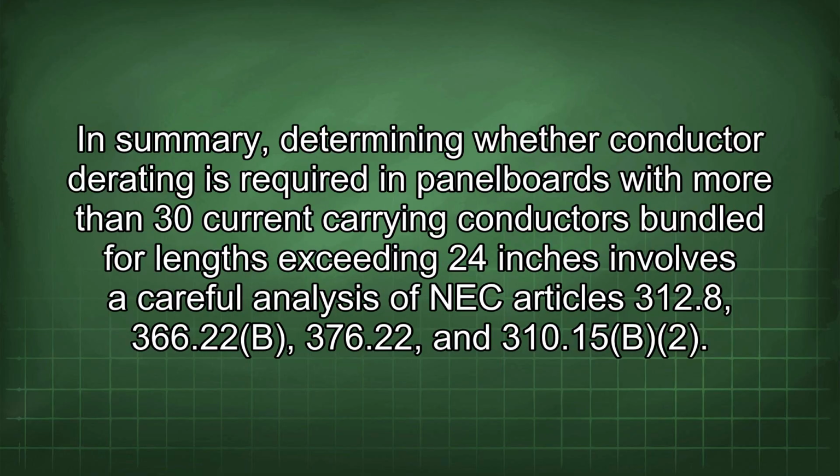In summary, determining whether conductor derating is required in panelboards with more than 30 current-carrying conductors bundled for lengths exceeding 24 inches involves a careful analysis of NEC Articles 312.8, 366.22(B), 376.22, and 310.15(B)(2).